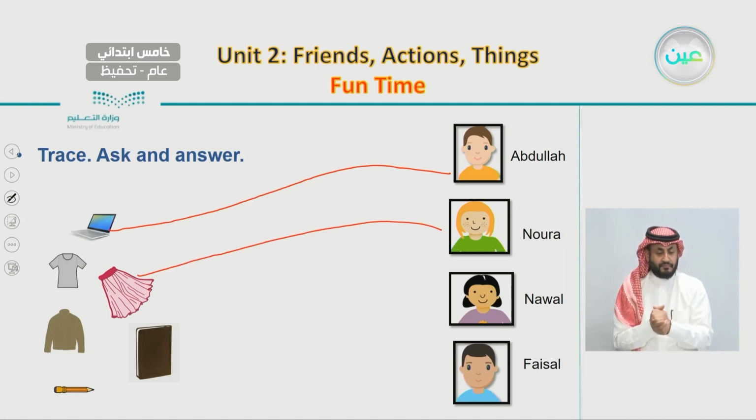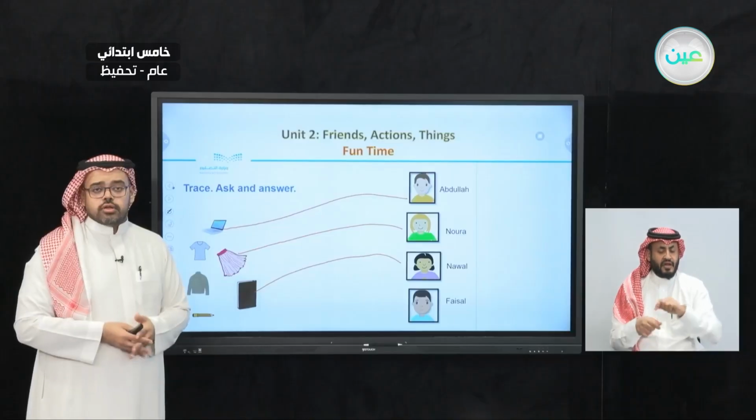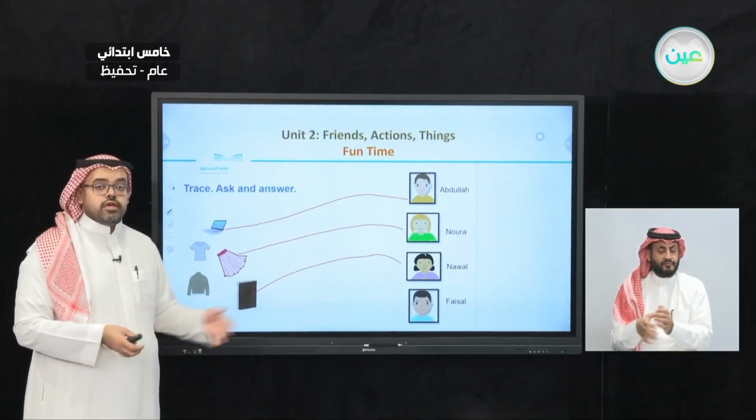Next, whose book is that? Is it for Abdullah, Nora, Nawal, or Faisal? It's Nawal's. So here we can direct it to Nawal. And finally, the pencil. Whose pencil is that? We have Abdullah, Nora, Nawal, and Faisal. It's Faisal's.